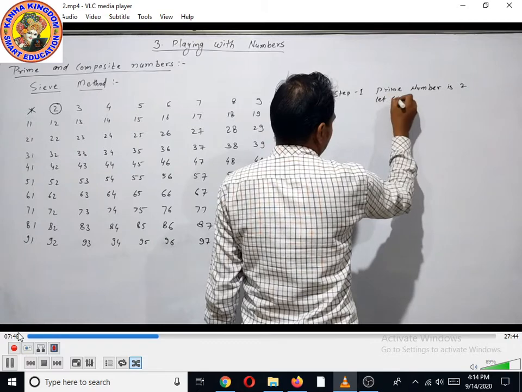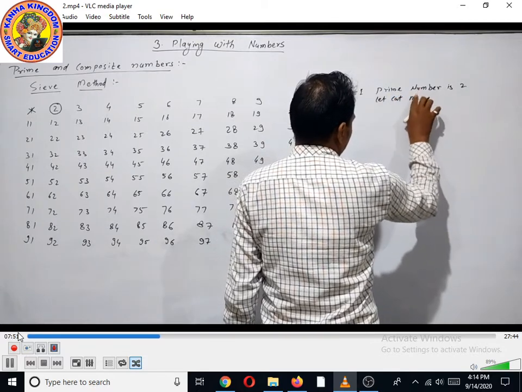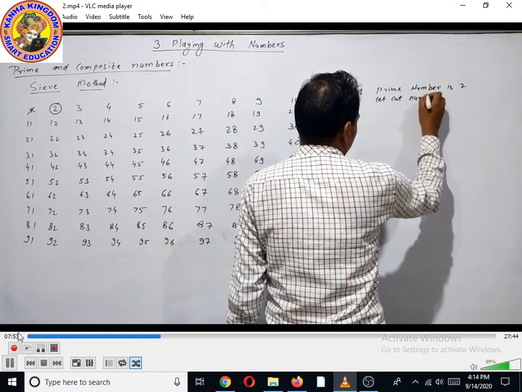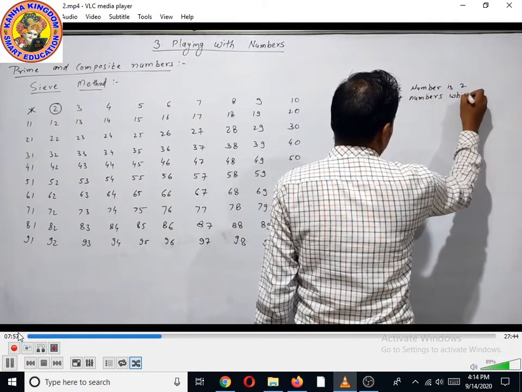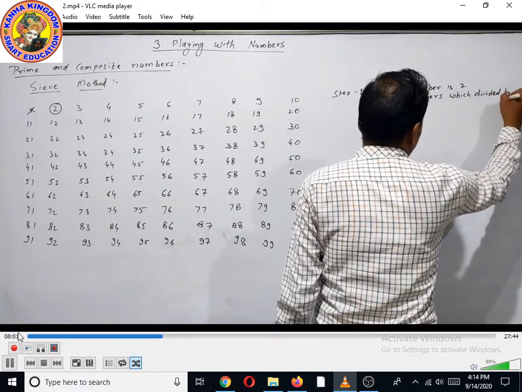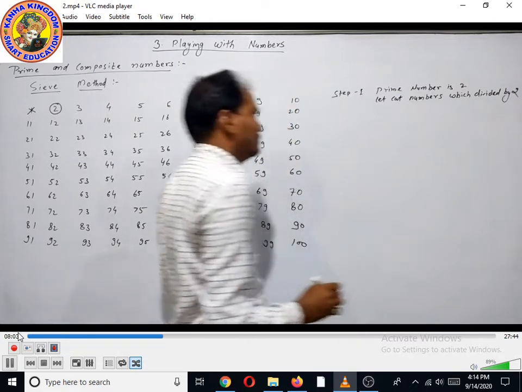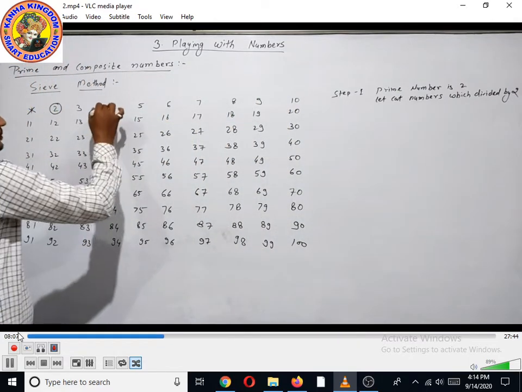Let's cut the numbers which are divided by 2.